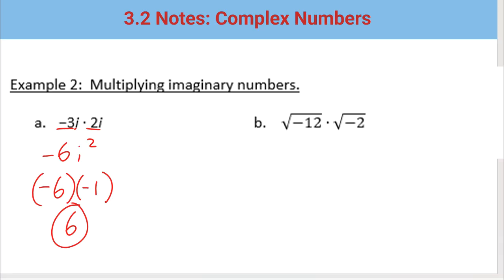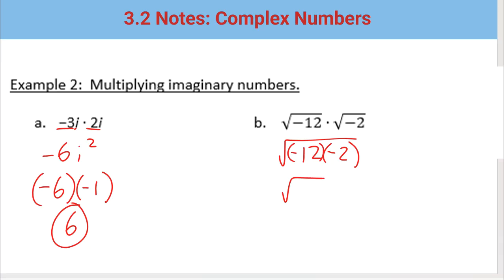For part B, a couple of ways you could attack this. I would personally say combine these under 1 square root. Right? I can combine them under 1 radical.